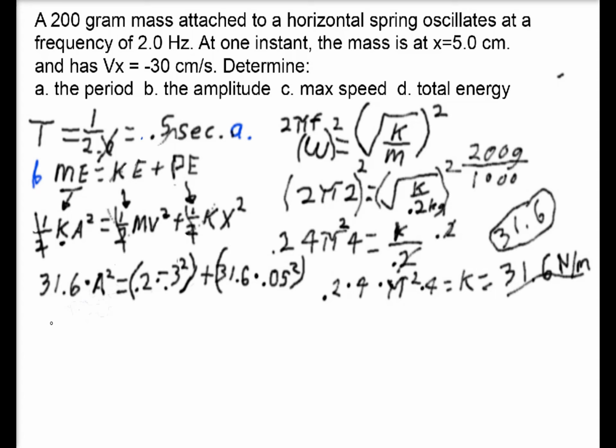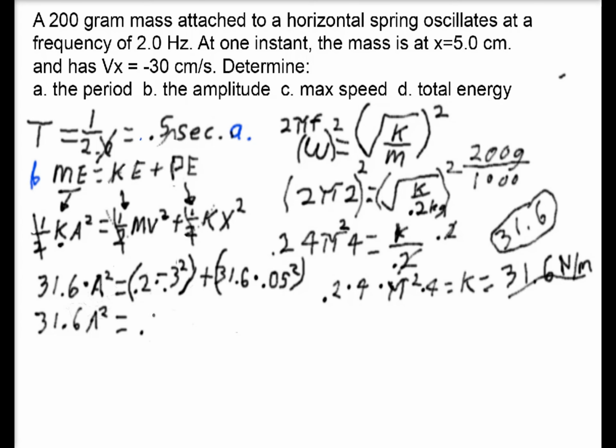Let's bring this down: 31.6 a squared equals 0.018 plus the second part, 0.079. You add these two together and you should get 0.097.